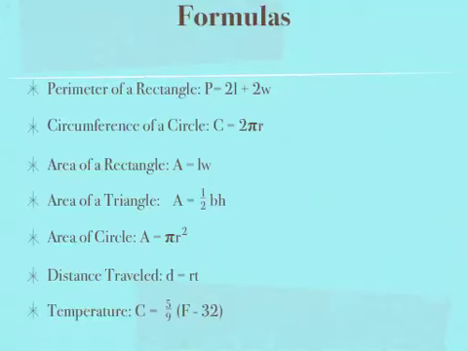You do need to try to remember the distance formula. As far as the temperature formula goes, I'm not going to say at this point that you need to have it memorized. But the perimeter of a rectangle, circumference of a circle, area of a rectangle, area of a triangle, area of a circle, those should all be things that you have seen before, and so you will need to have those memorized. They will not be given to you.